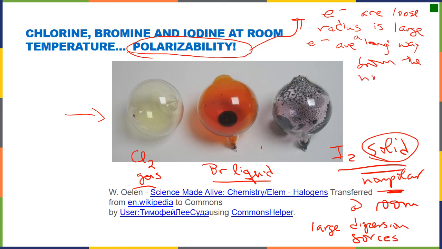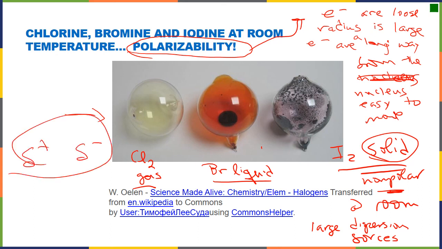And when they're a long way from the nucleus, they are easy to move. And if they're easy to move, then they can be shoved over. And when they can do that, they can give me a nice partial negative and partial positive, and this temporary dipole becomes larger.